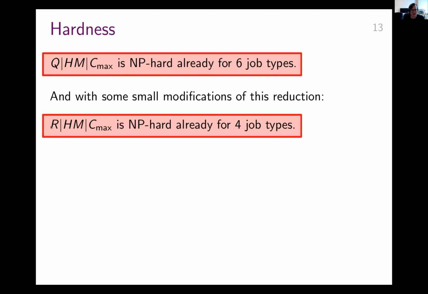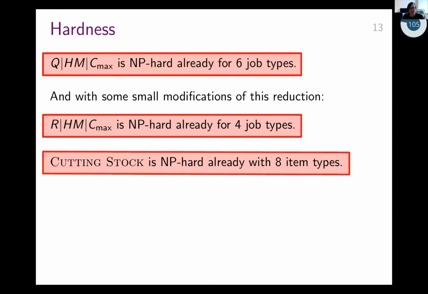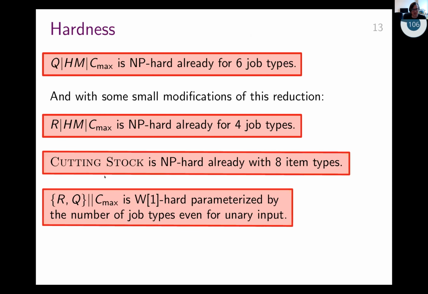So basically for the unrelated machines model, we do some tricks to block out exactly the right amount of capacity for each machine, and then the reduction goes through. So the proof for our HMC max is almost the same. I will say more about this reduction later, and then the parameterized hardness I already explained.